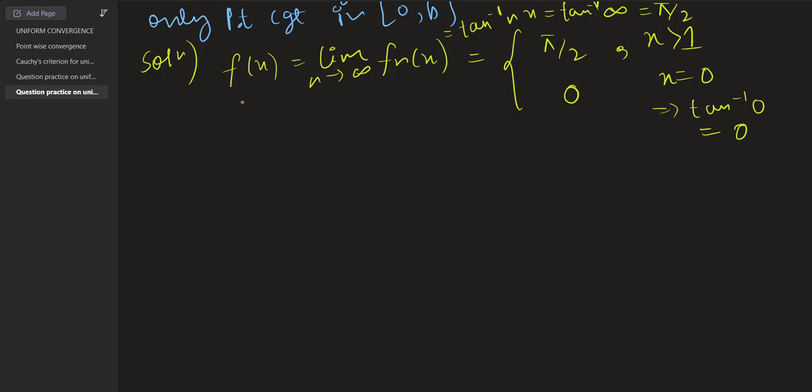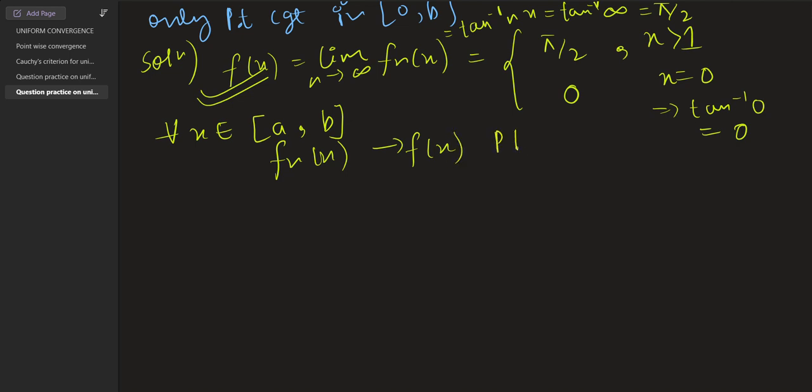Hence f(x) is well defined and exists for all x belonging to (a, b). Hence fn(x) is pointwise convergent. In the last we can show that a equals 0 only. So if you take a equals 0 initially, x equals 0, and for x greater than 0, then this can be 0.